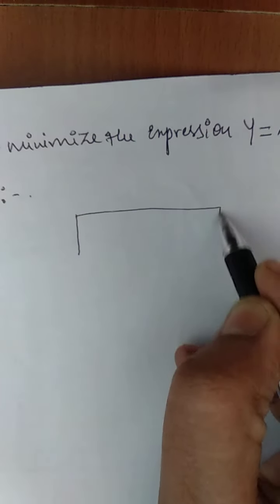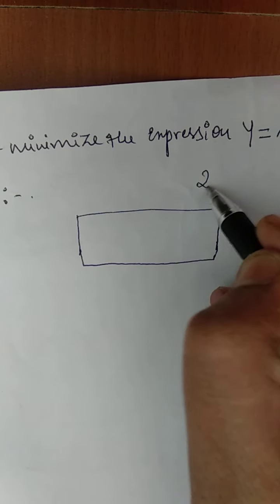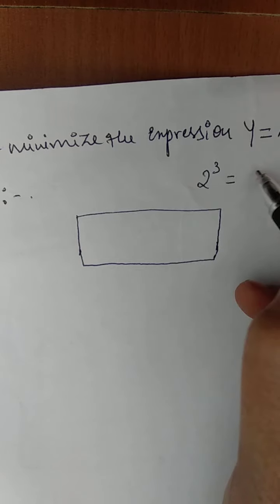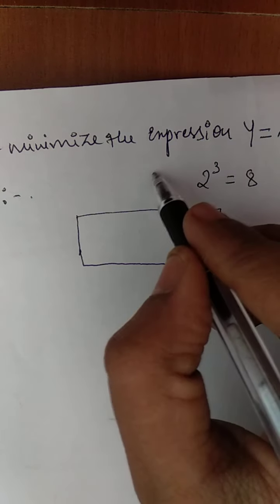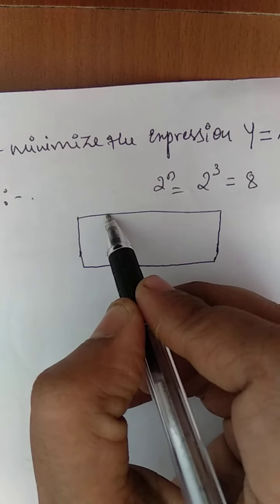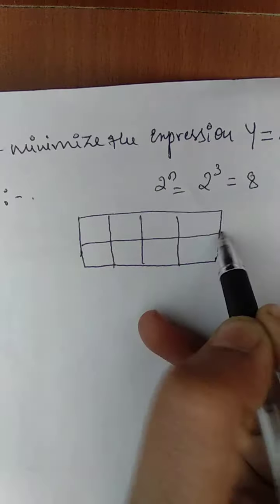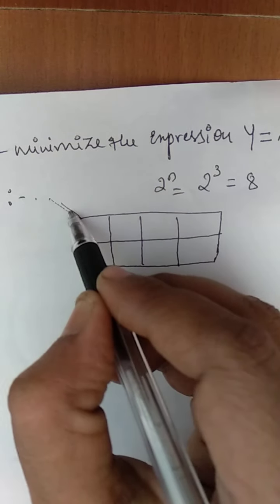So first we will construct the K-map. It is 2 raised to n. So this is your K-map.